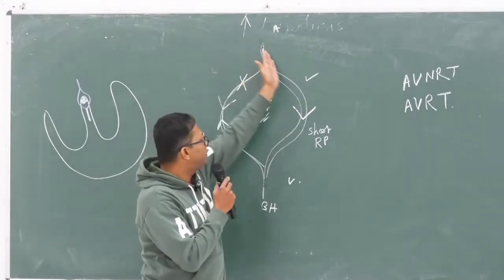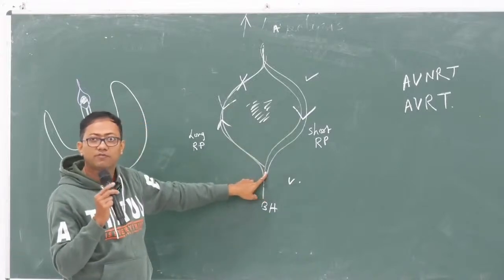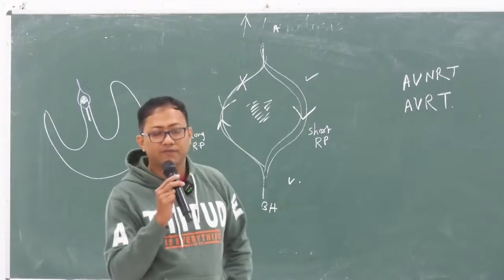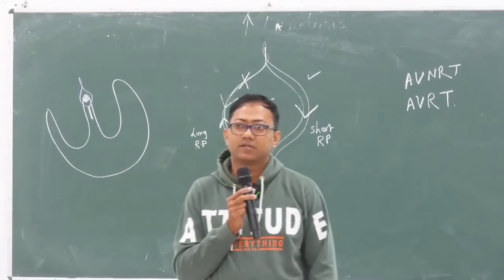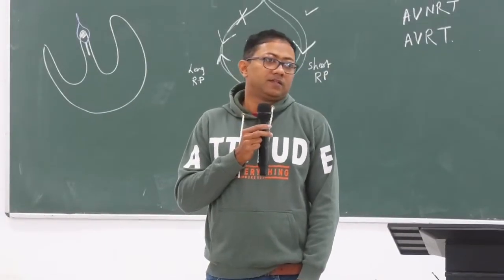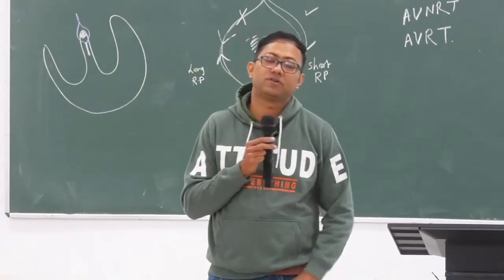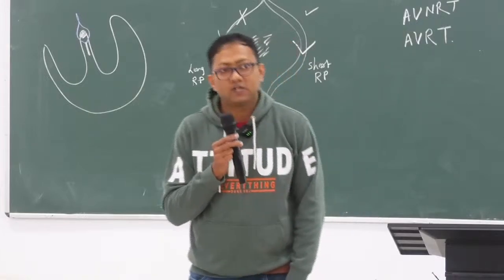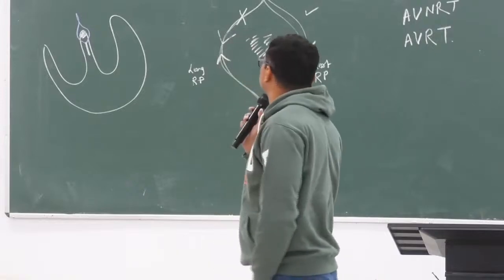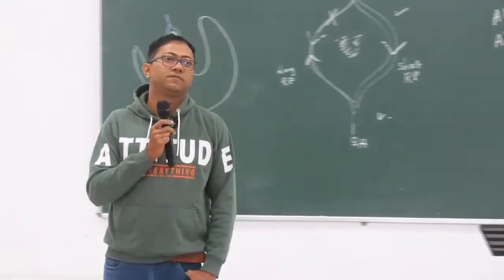So the action potential will travel in this direction and reach the upper part of the bundle of His. Now what will happen? Once the action potential reaches the upper part of the bundle of His, the refractory period of the first pathway, which has the long refractory period, will be over.